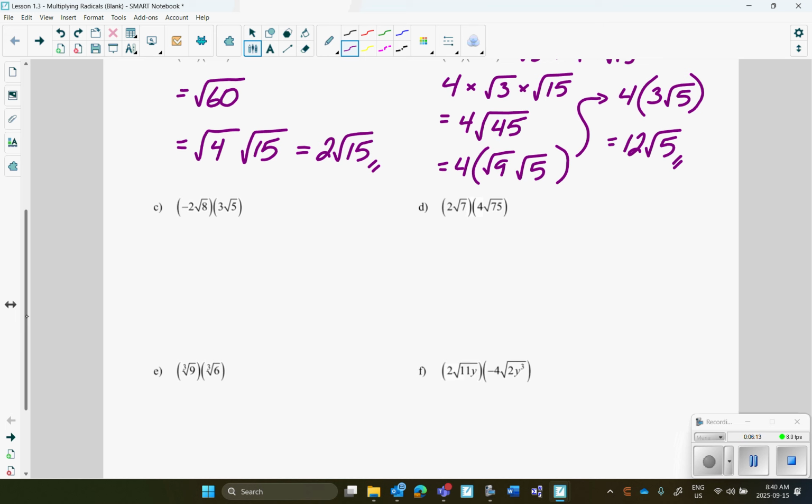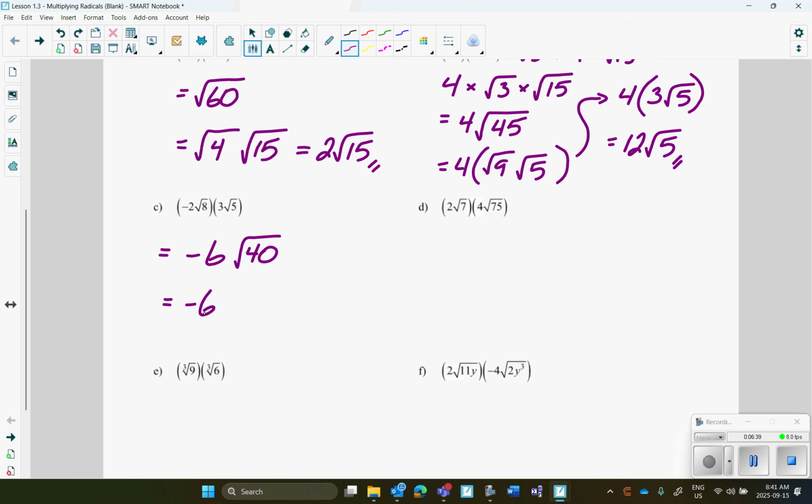Okay. Multiply the non-radicals. What do you get? -6. Multiply the radicals. What do you get? Root 40, and those are getting multiplied. So that's really what we're doing. Can I break it down?